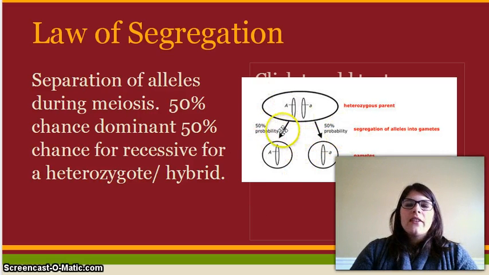So there's a 50% probability that her dominant form will go into one egg, and a 50% probability that the recessive form will go into another egg. So what is happening here is we always have the same chance to have a dominant or a recessive form. So that's pretty cool.